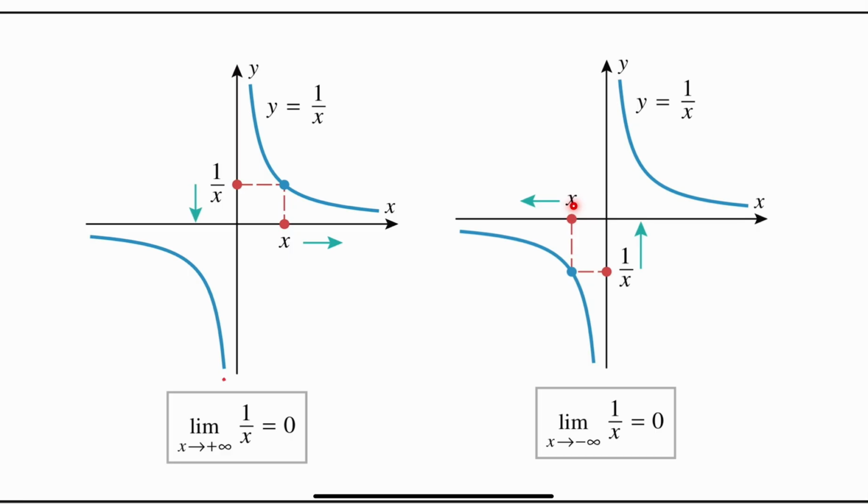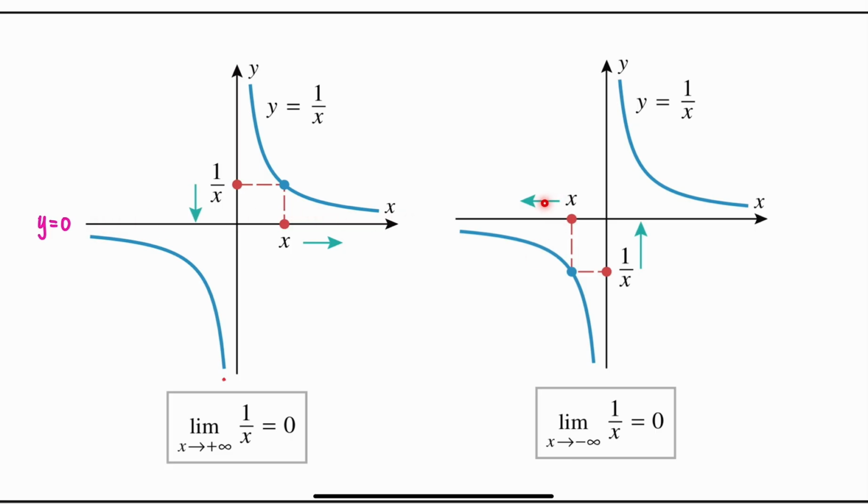So it increases to positive infinity, and what happens to the value of f of x, or y, is that it will keep approaching the x-axis, which is y equals 0. Therefore, the limit of 1 over x as x approaches positive infinity is equal to 0.